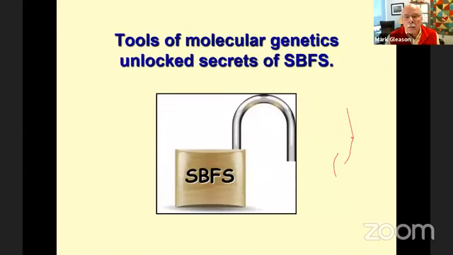We were fortunate in that we began our study of sooty blotch and fly speck here in Iowa, USA, about the time that the tools of molecular genetics came into wide use around the world. These were enormously helpful to us in understanding some of the secrets of this group.